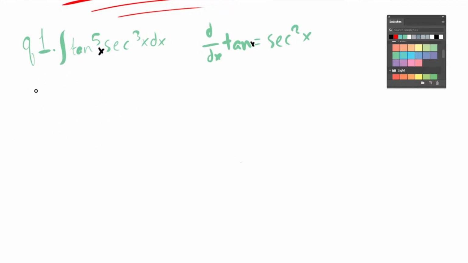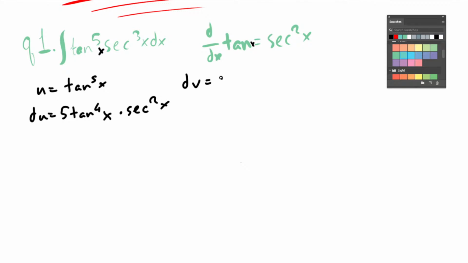Okay. u equals tangent 5x, du equals 5 tan 4x times secant squared x. dv equals secant cubed x dx. v equals integral of secant cubed x dx.